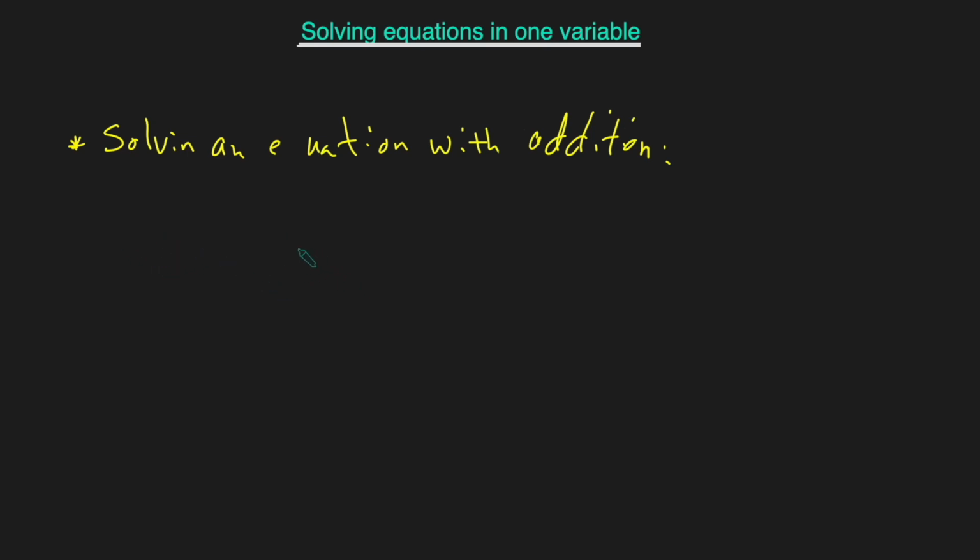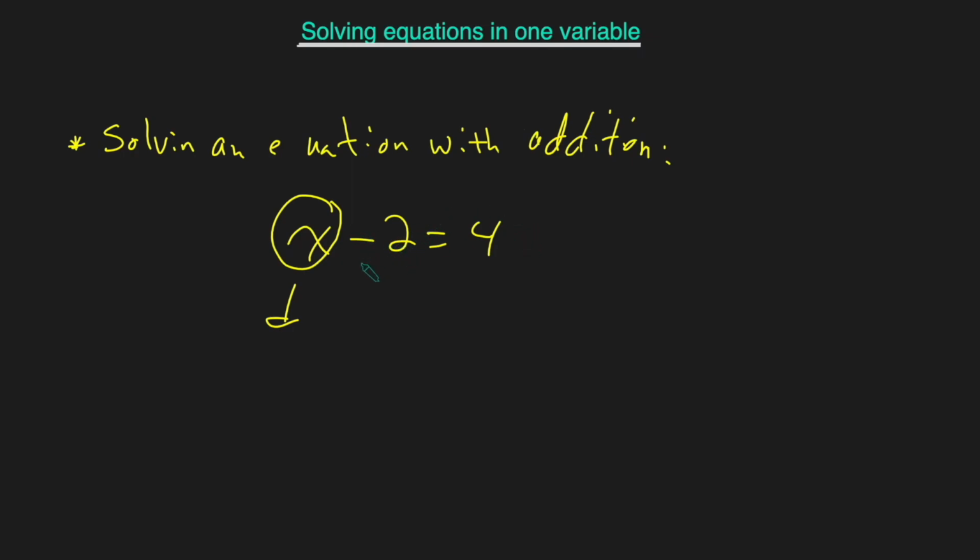Let's say I have an equation that says x minus 2 equals 4. If I'm asked to solve for x, that means I need to isolate x on one side and the number on the other. So what I need to do is move this negative 2 to the other side.